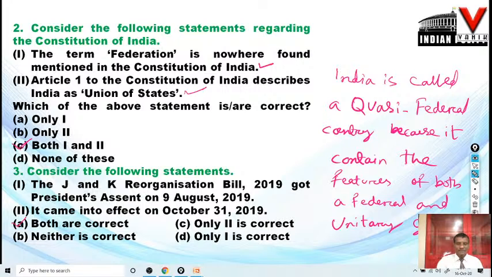Hence it is called a quasi-federal country. So the word federation. Then here is question number 3, the answer is A. Okay, answer is A.